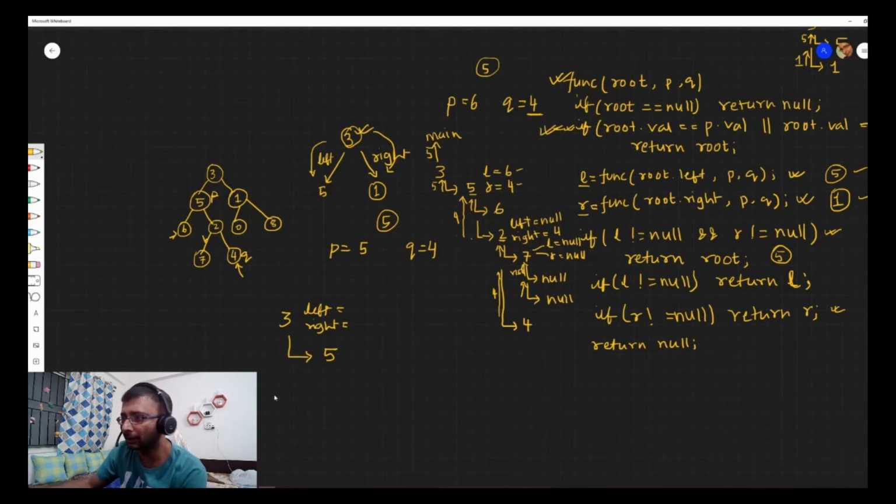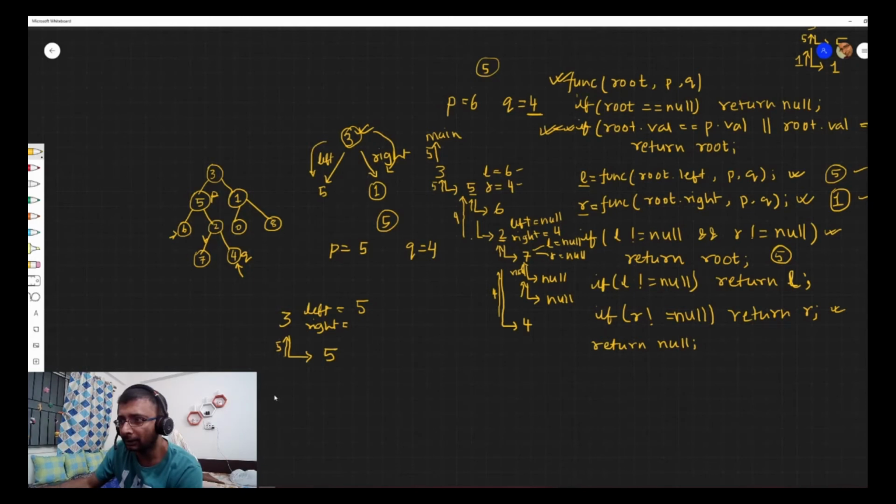So what do I return from here? I return root from here. So when 5 is matched, what do I return to my 3? I return 5 to him. So the left is set to 5.